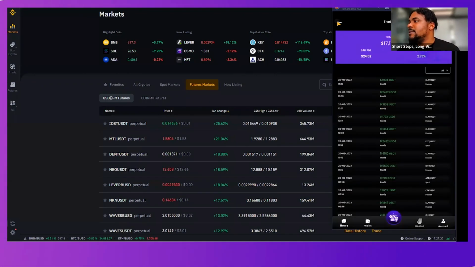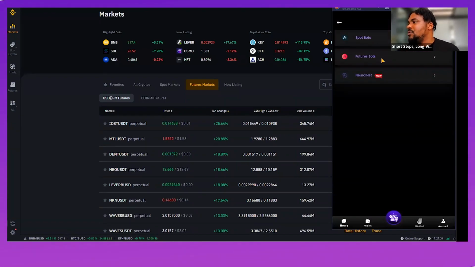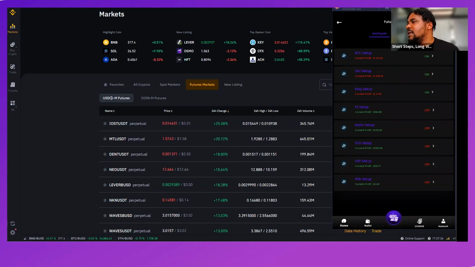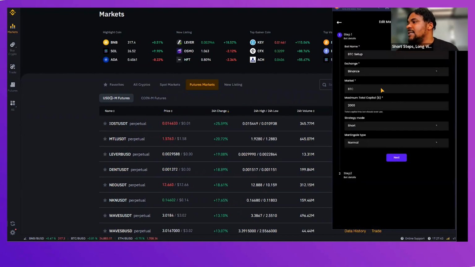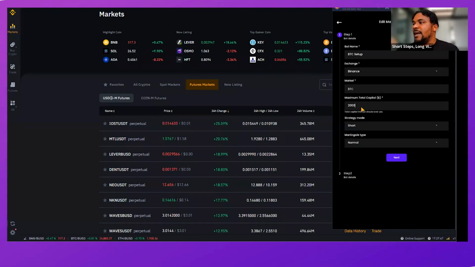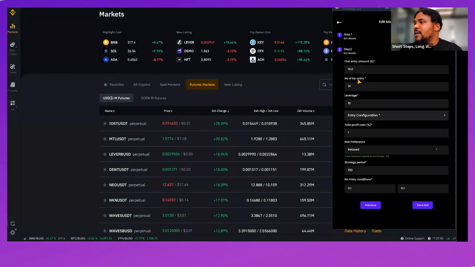Okay, let's go over. I'm going to go to the futures boards, and I already have a BTC setup running that's already covering that. So I'm going to add to that. If you look at my setup, I created a setup for $2,000 using $20,000 capital already.